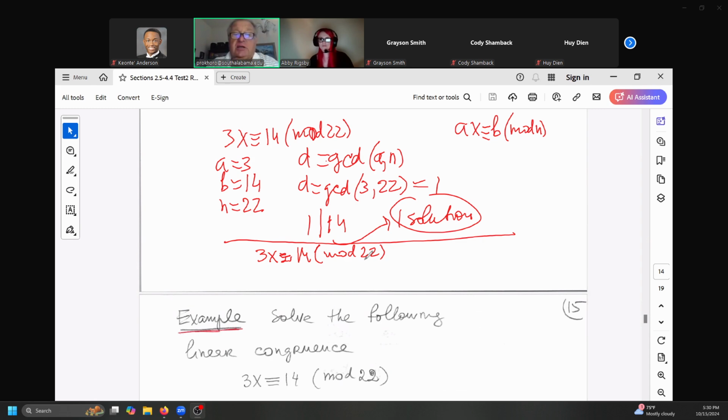We'll take this 3x is congruent to 14 modulo 22. If you have modulo 22, what are the next numbers? What do we have around 22? 23. 23 is congruent to 1 modulo 22. So it's good to have 23, but how to get 23 out of 3?